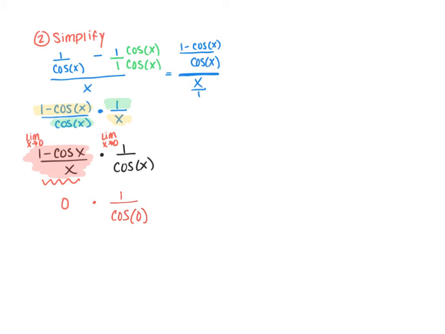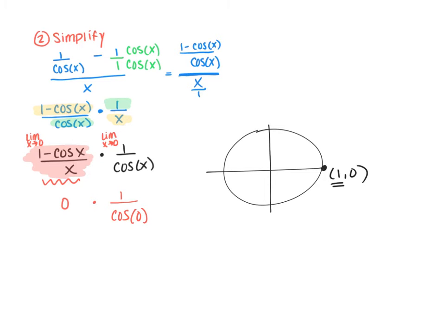And if we go back to our unit circle, cosine of 0 is the x value, so it's 1. So back in here, it's going to be times 1 over 1. So 0 times anything is just 0. So yeah, all that work for one problem just to get back 0 at the end. It's unfortunate, but that's what we're going to have to do to get this answer.